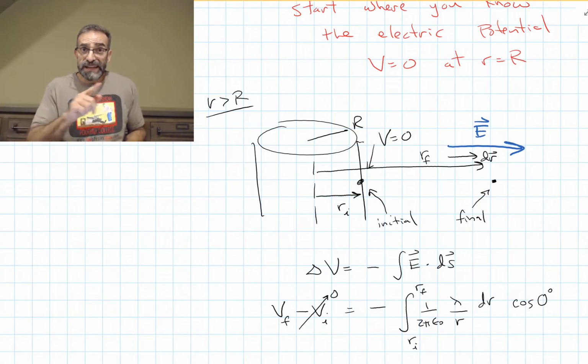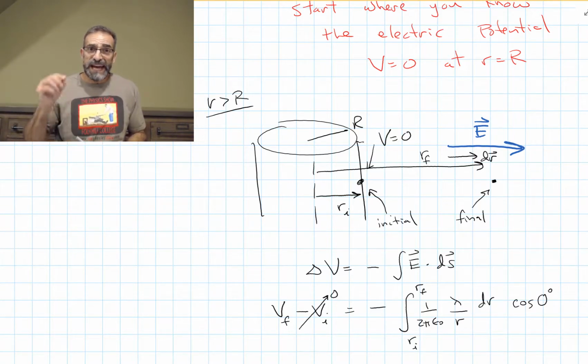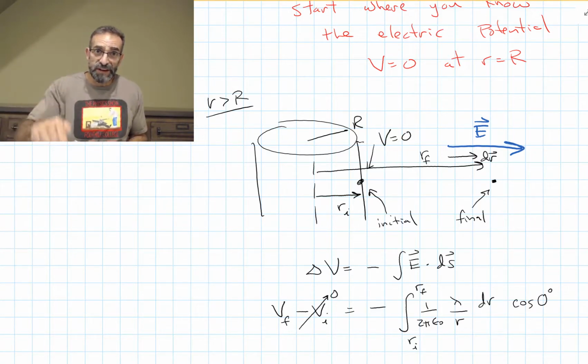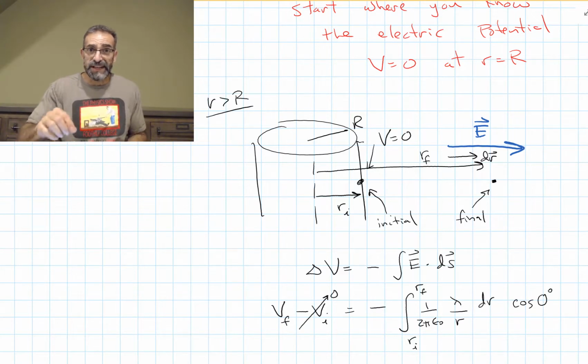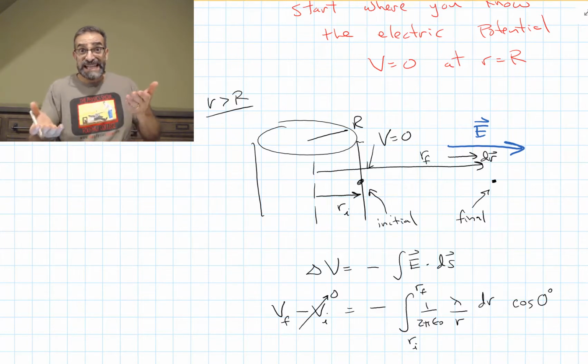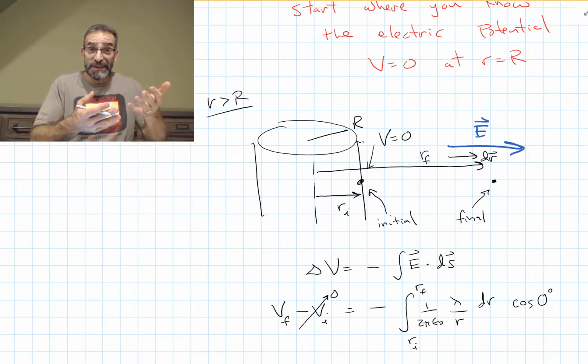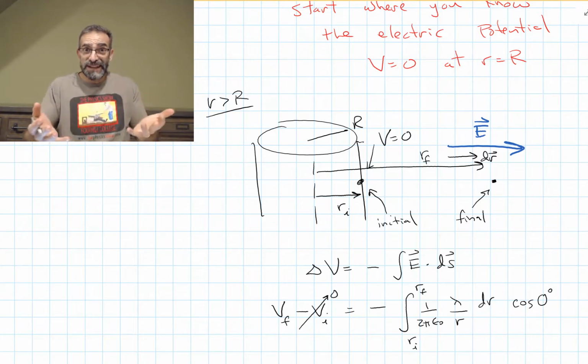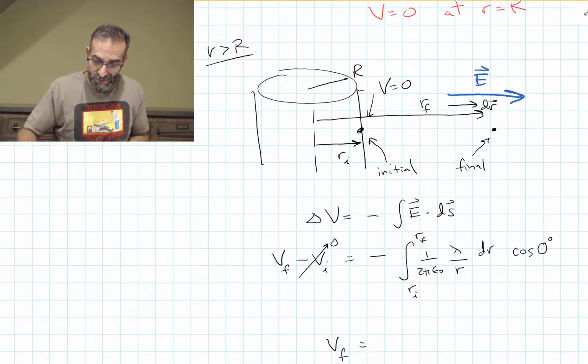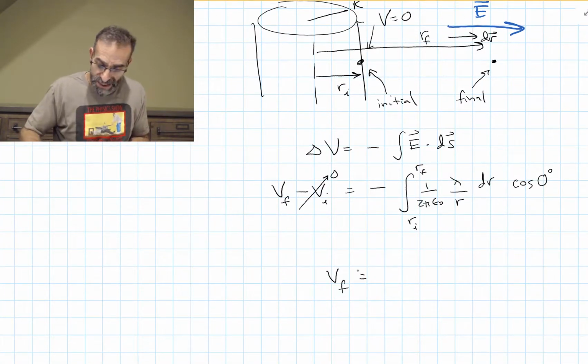We're moving in the direction of the electric field, so we have to be moving to a position of lower electric potential. The electric field always points toward lower electric potential. So our final potential has to be less than our initial. And our initial is 0. What's less than 0? A negative number. So our final potential must be negative.